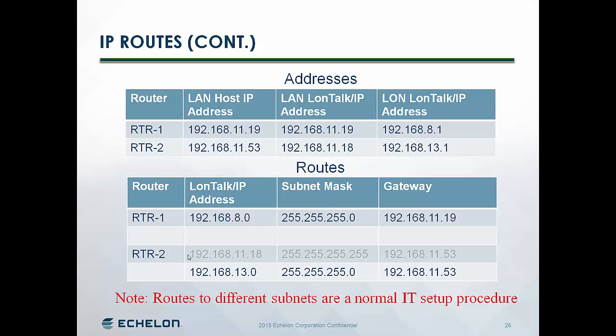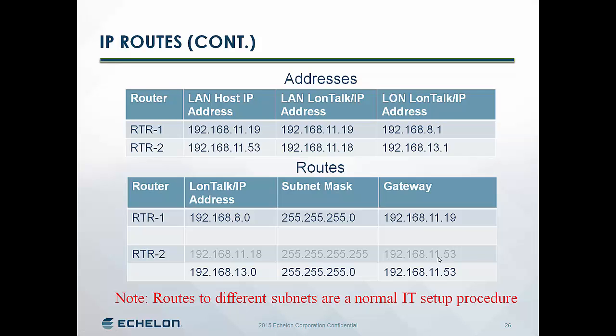such as CT's managed test, then we would need a route to its LonTalk IP address, which is 192.168.11.18, with a mask that defines a single device address, and the gateway would be its host IP address of 192.168.11.53.